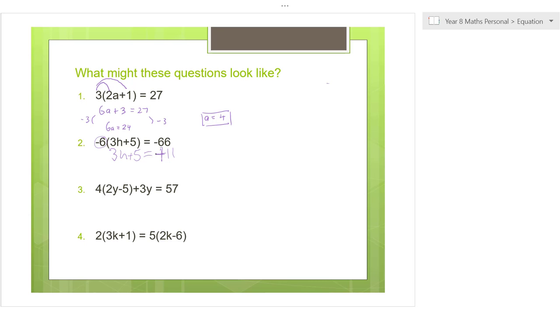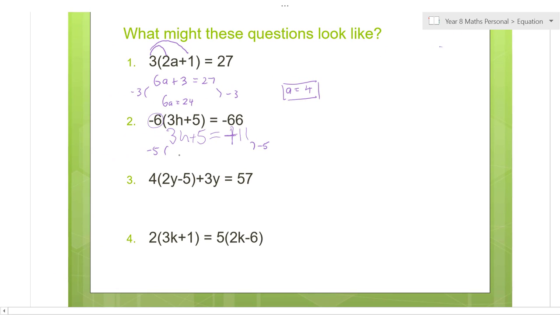If we divide both sides by minus 6, we have eliminated those brackets to make our life much easier. So now we can subtract 5 from both sides. You can do that with me now. That's going to leave me with 3h is equal to 6. And we know the last step, therefore h is equal to 2.